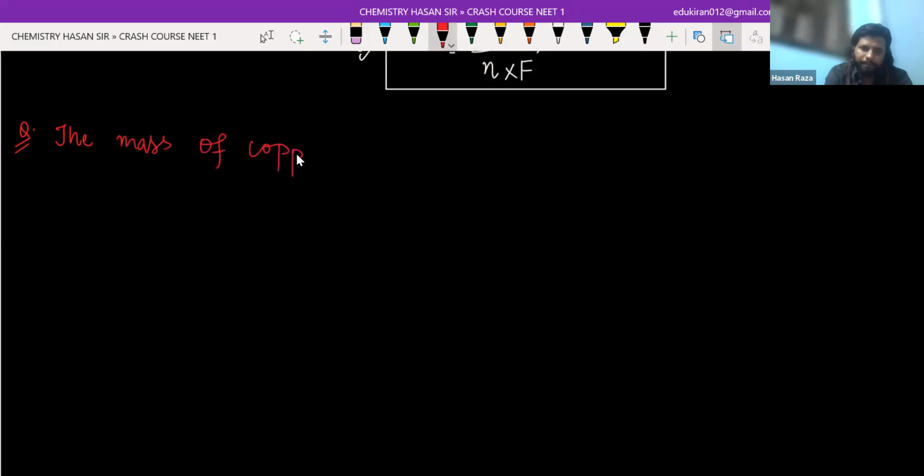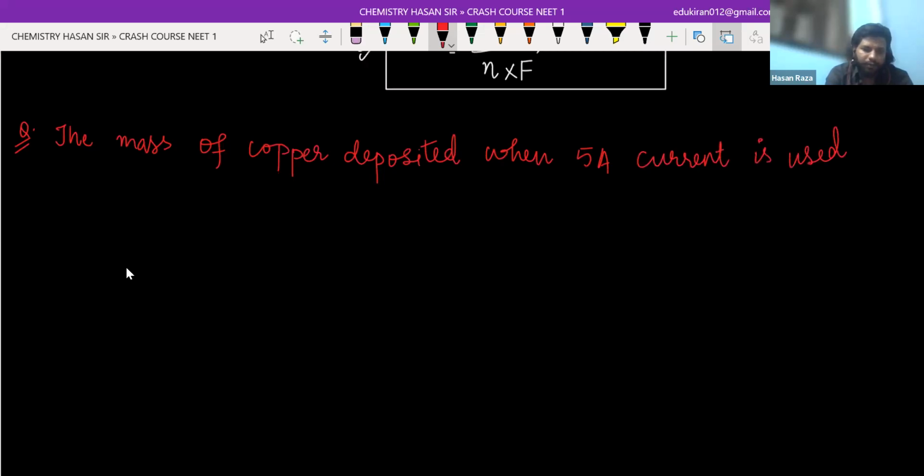The mass of copper deposited when 5 ampere current is used for 1 hour to electrolyze CuSO4.